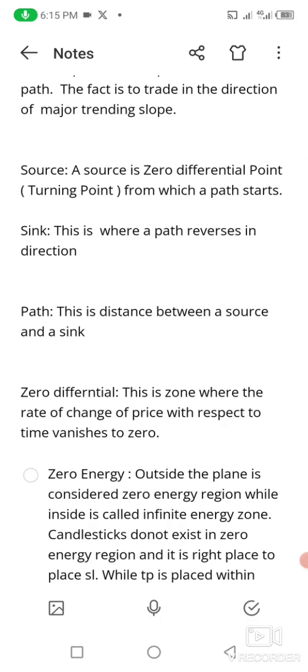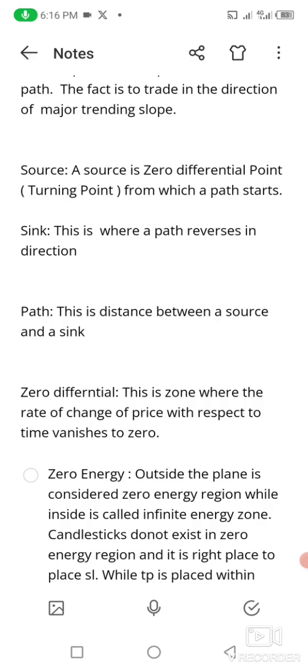So now we have another terminology: source. A source is a zero differential point or a turning point from which a path starts. I'm going to do some illustrations so that you see this in practical form.